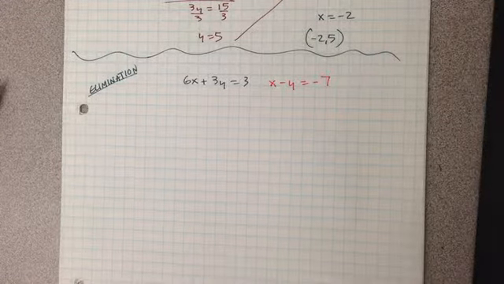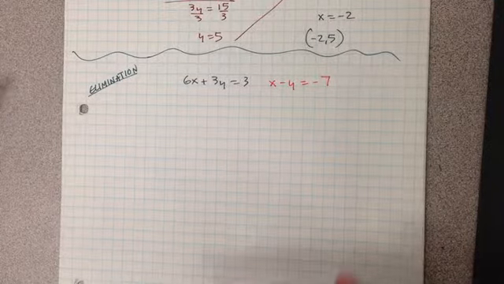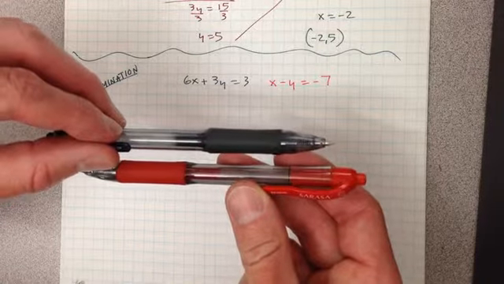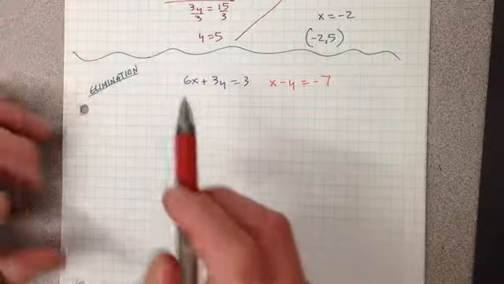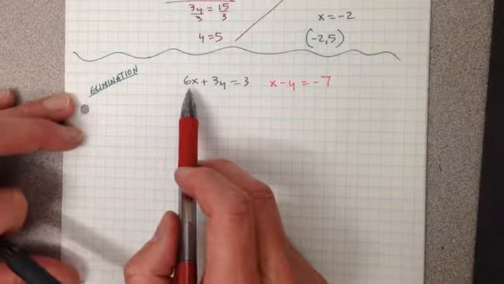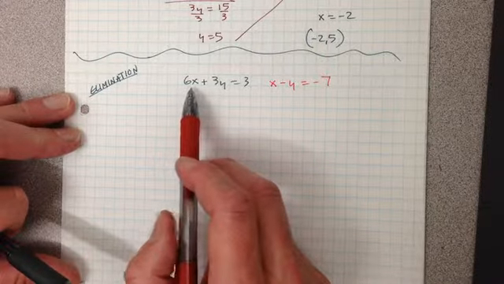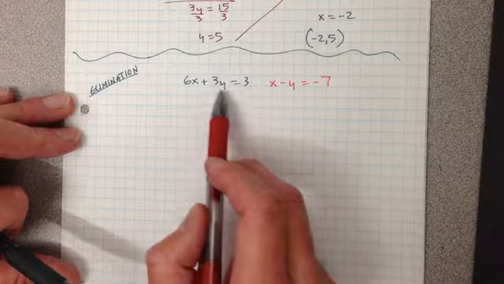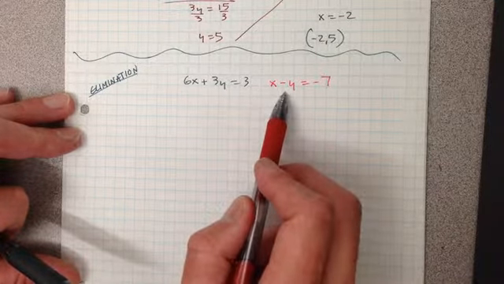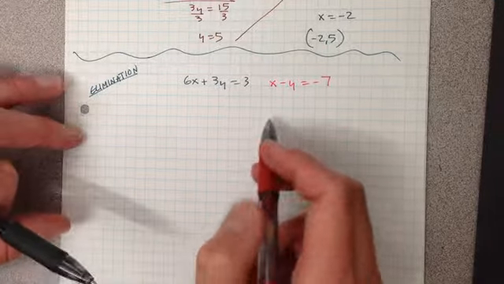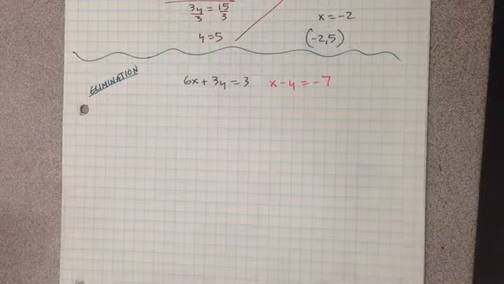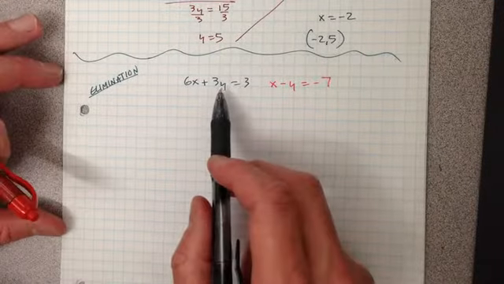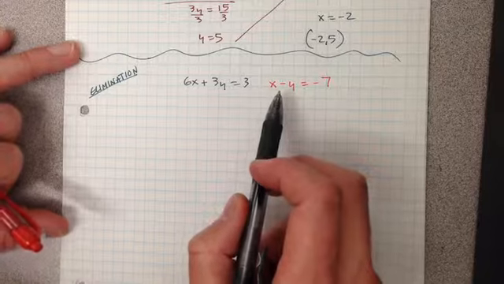The goal with elimination is to add our two equations together. Take the green and the red, add them together with the hopes of eliminating one variable. So for instance, if this is a 6x right here, when we added them together to get the x's to cancel, this would need to be a negative 6x. If this is 3y, this would need to have a coefficient of negative 3y. So you get the option to really make this happen however you see fit. I'm going to choose to eliminate the y's. If that is 3y, that will need to be a negative 3y to make this happen.